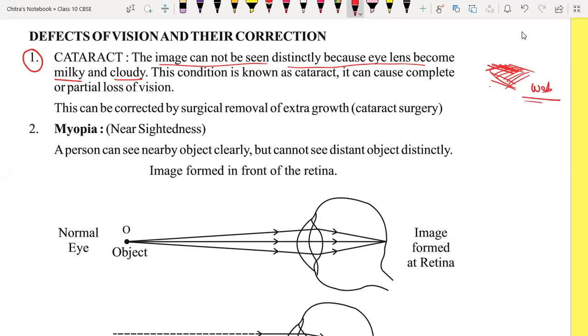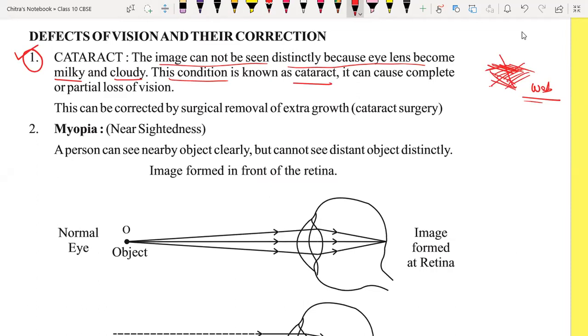Through cataract therapy, which is a kind of surgery, we can remove that web from the cornea region and correct that defect. This condition is known as cataract.